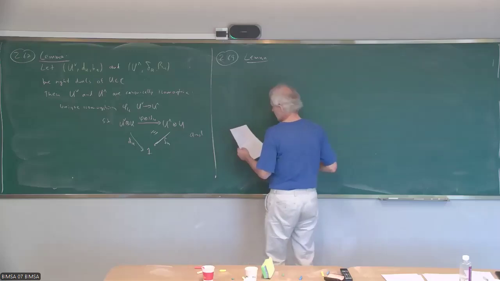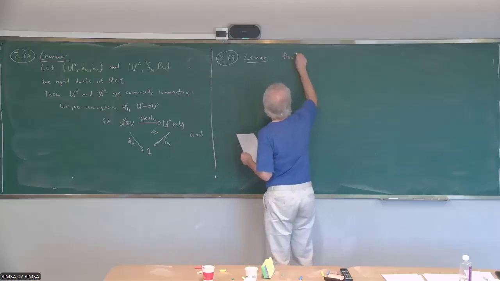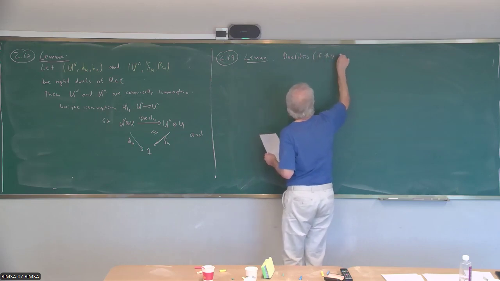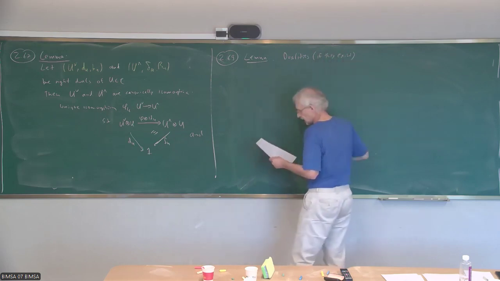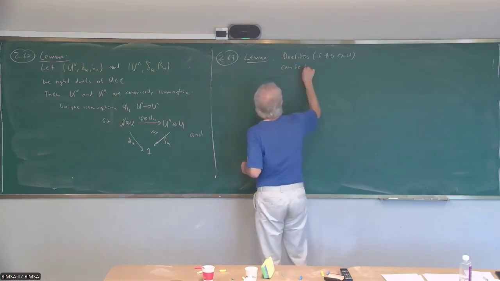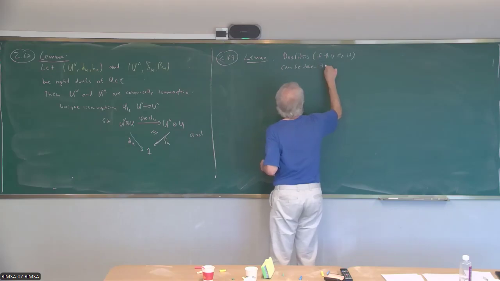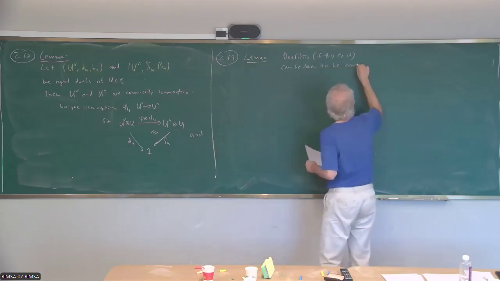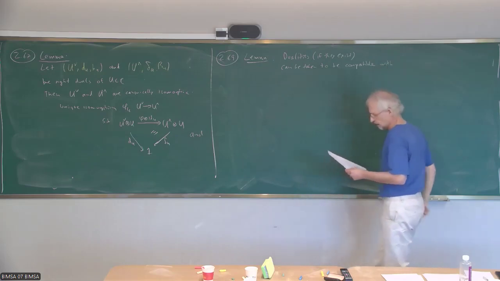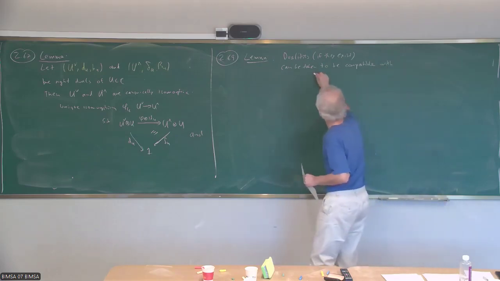Lemma: rigid dualities, if they exist, are compatible or can be taken to be compatible with the monoidal structure.